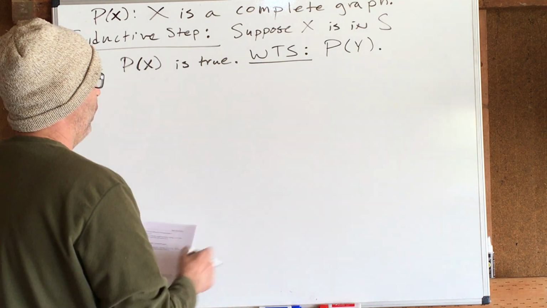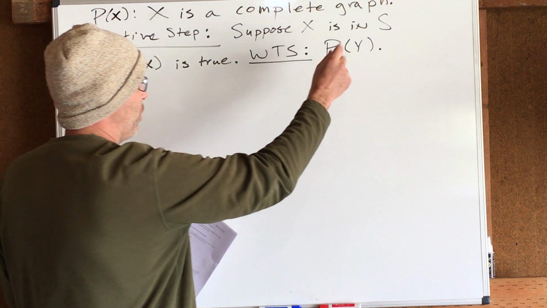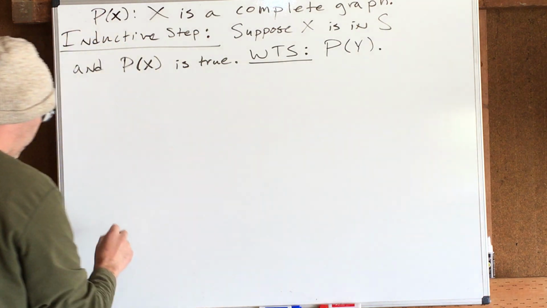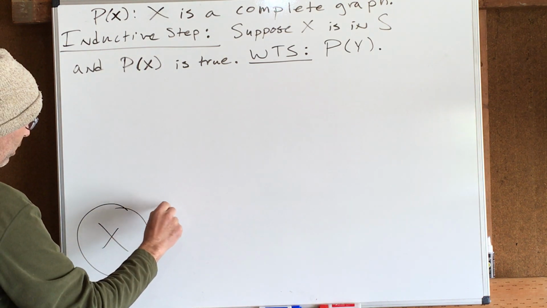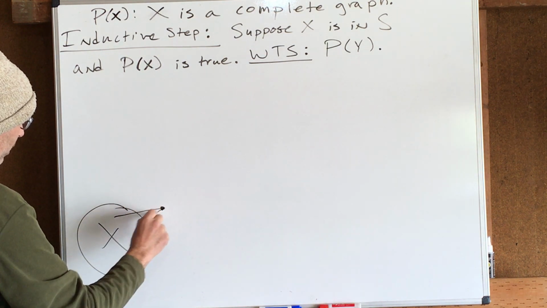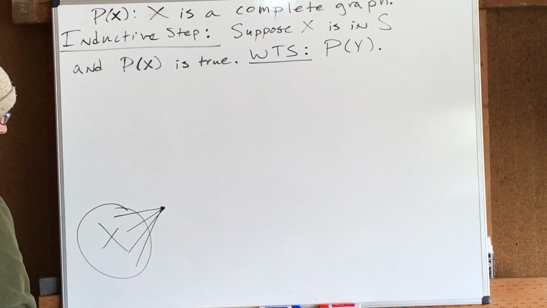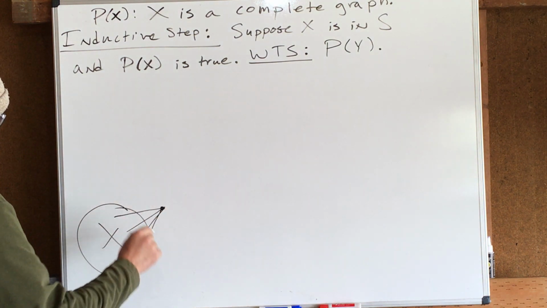Really we want to show that y is a complete graph. We want to show that y, which was created from x, I'll just draw that again, got some new vertex. This guy's connected to all the old vertices to make y.